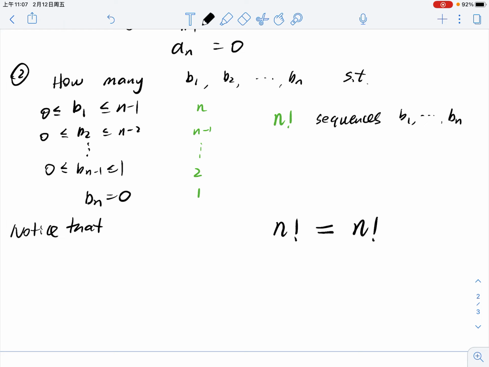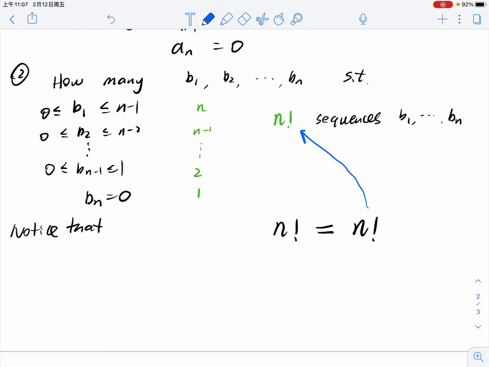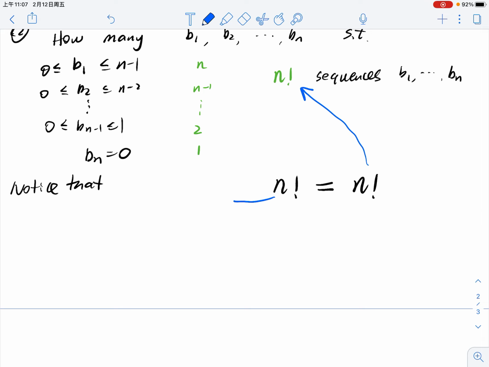So this n factorial is the total number of B sequences, and this is the total number of permutations.